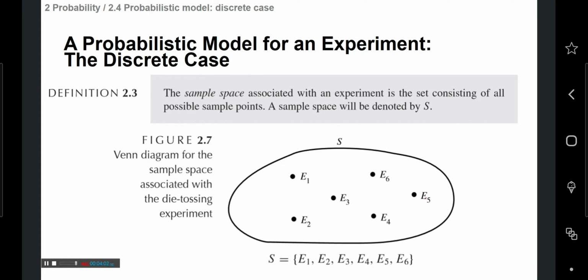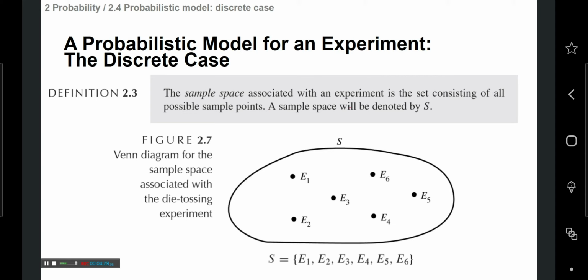Definition 2.3 talks about the sample space. The sample space associated with an experiment is the set consisting of all possible sample points. So it's the whole set S in set theory from the previous chapter.